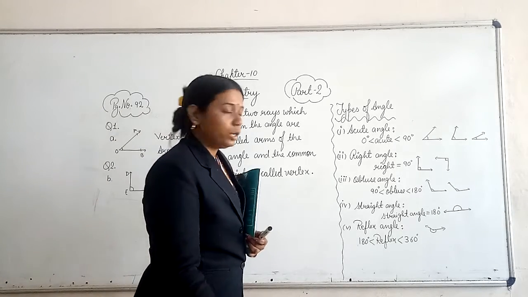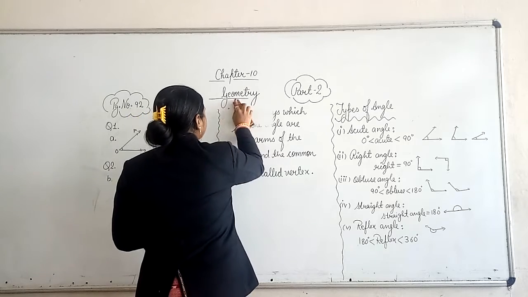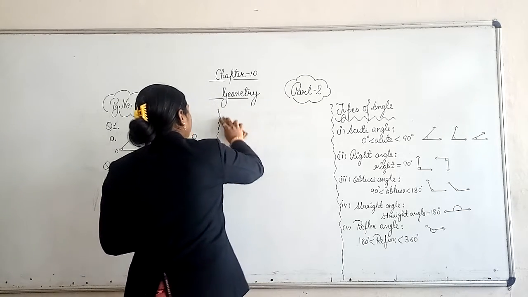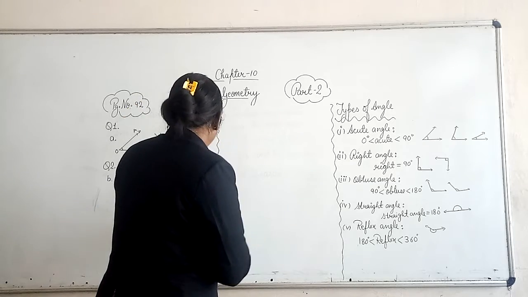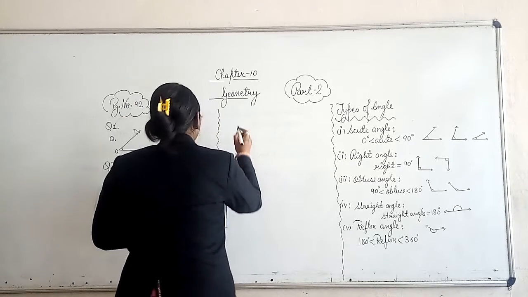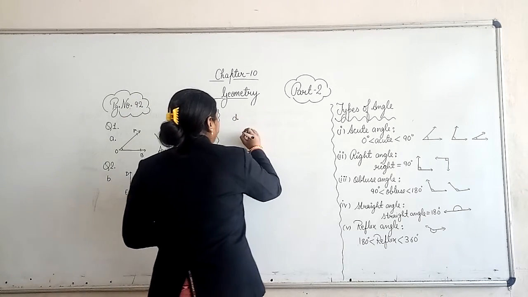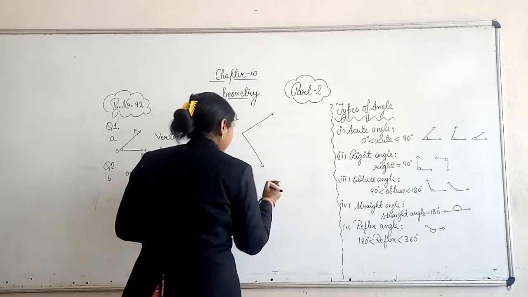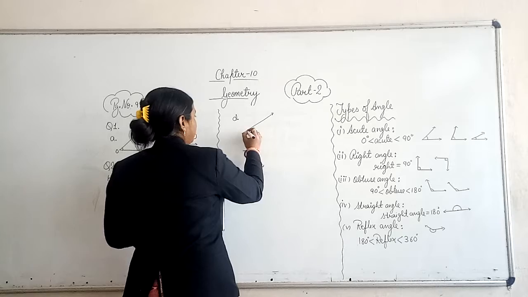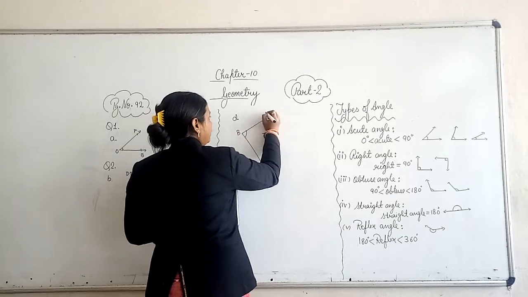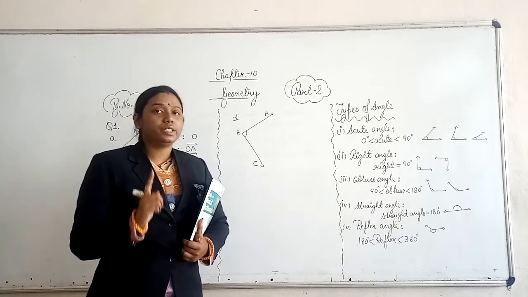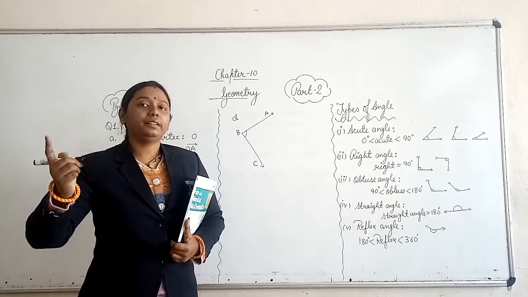Let us discuss one more example. Let me tell you, it's D part, and the angle which is given is like this. Here it is B, here it is A, and it is C. Okay, as I told you, the first way is just by writing the vertex.